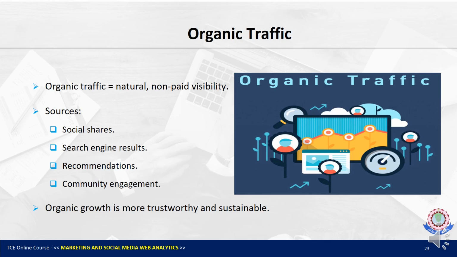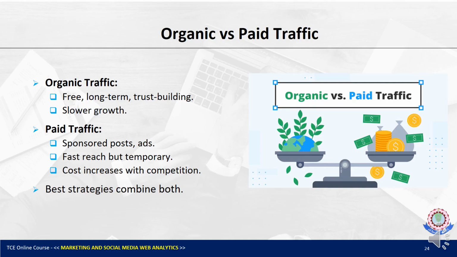Organic traffic. Organic traffic comes from shares, search results, recommendations, and community interactions. It is highly trusted and shareable. Organic versus paid traffic. Organic traffic is free and long term. It builds relationships. Paid traffic is fast and targeted.